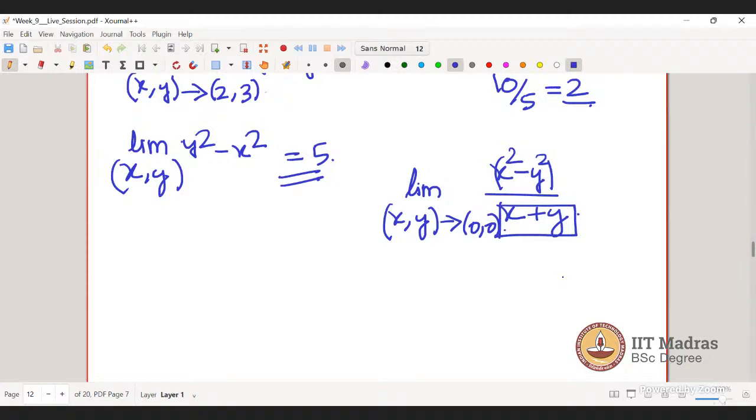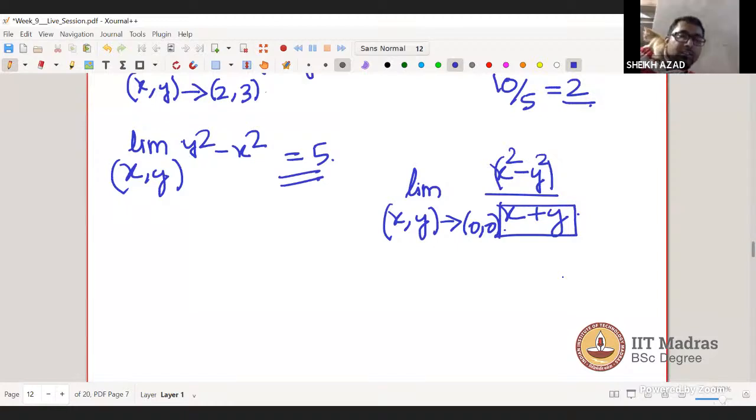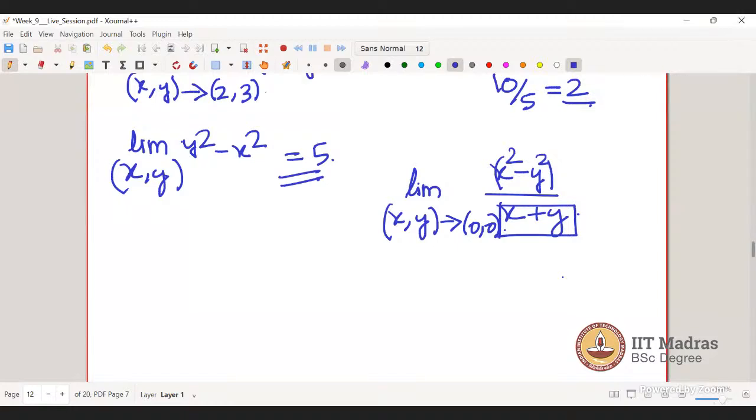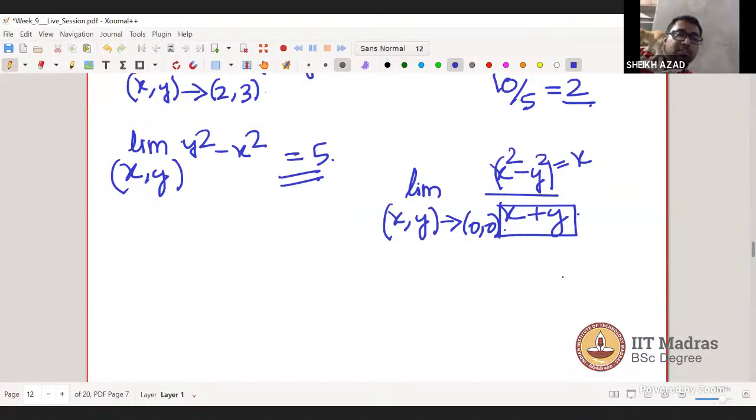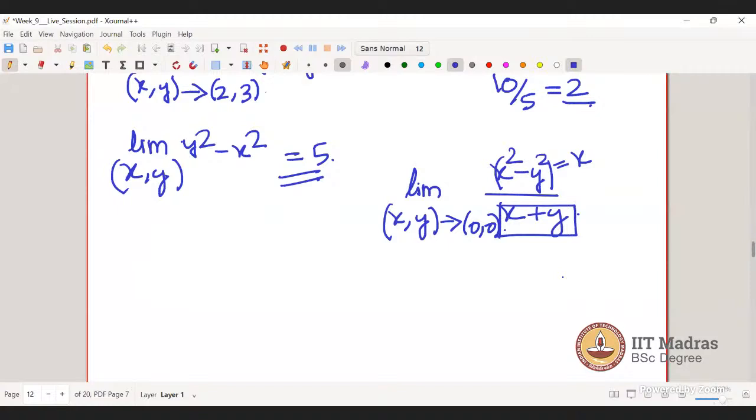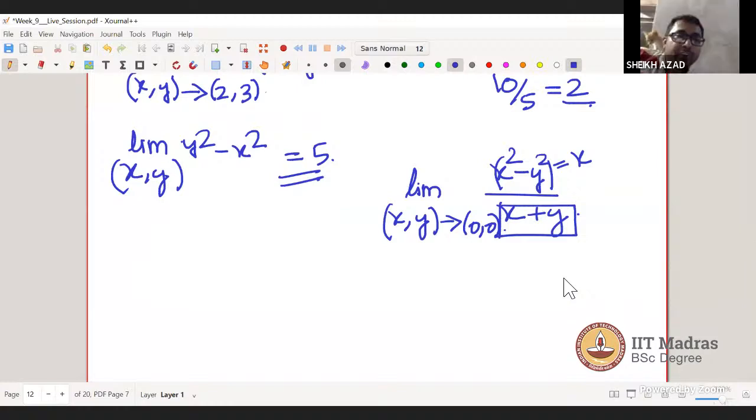You have to check whether you can simplify and cancel something. Is there anything similar to L'Hopital rule here?